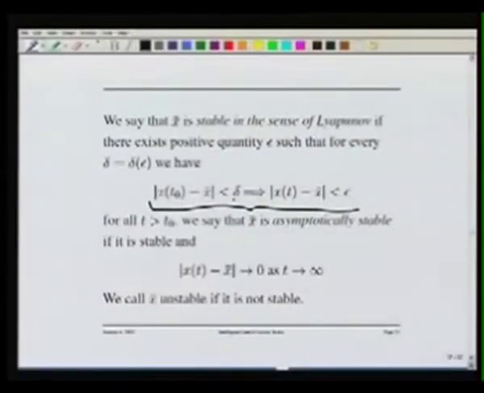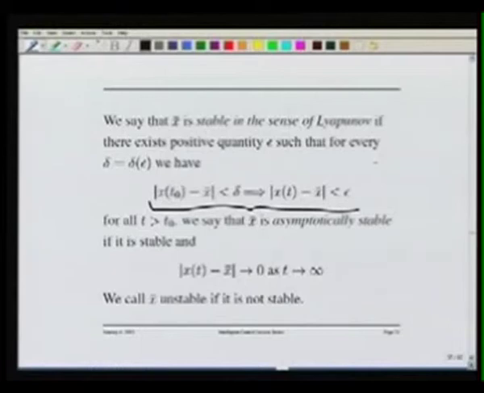So, if this is true, if this is my disturbance, meaning this is the way I disturb the system, then x t minus x bar, that is the future state of my system, if x t minus x bar is less than epsilon, then this is stable.